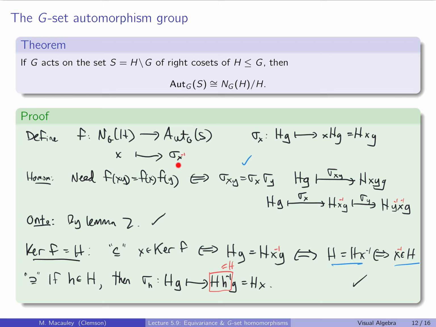It does matter, but for these details, x or x inverse, everything still holds. So now the result follows from the fundamental homomorphism theorem. So let's apply the fundamental homomorphism theorem, and we get that this is a homomorphism with kernel H, and this result follows immediately. And that's the end of the proof.